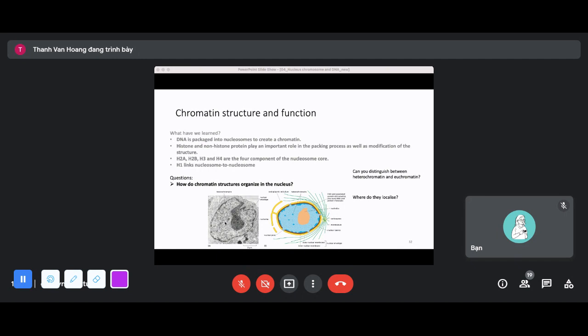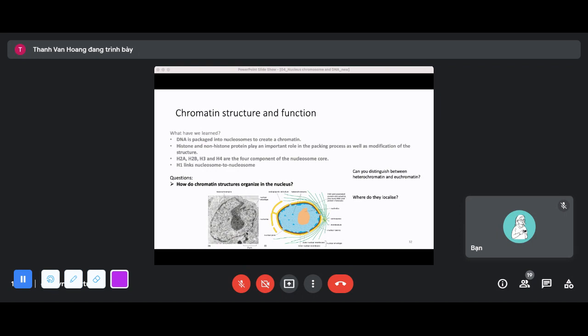And do you notice that other parts also have very dark structures here? You see here it also has quite a dark structure. The chromatin here is close to the nuclear membrane, right?